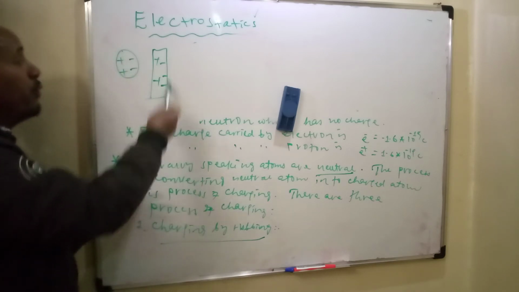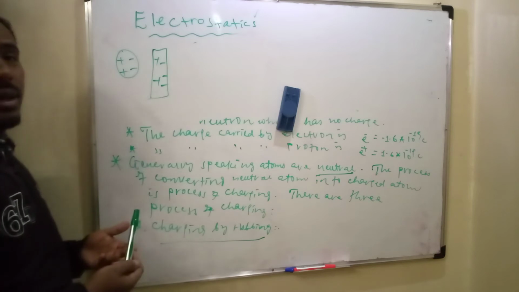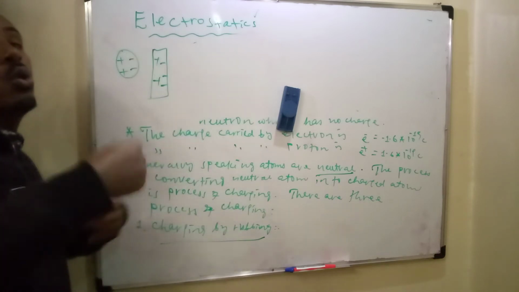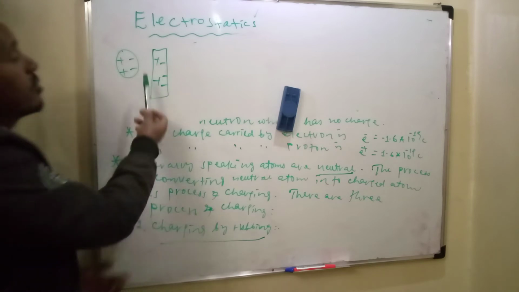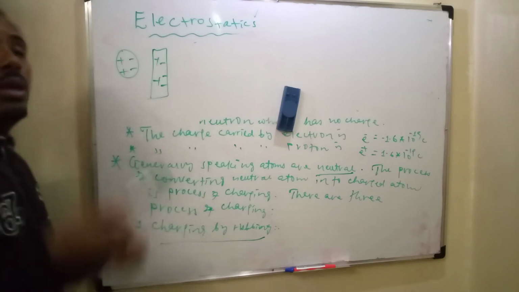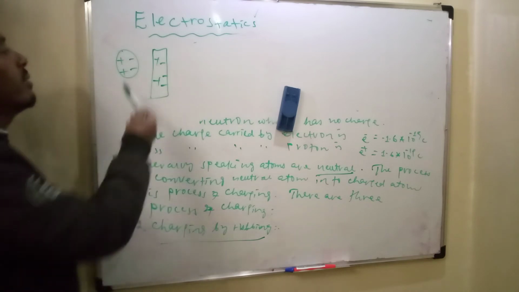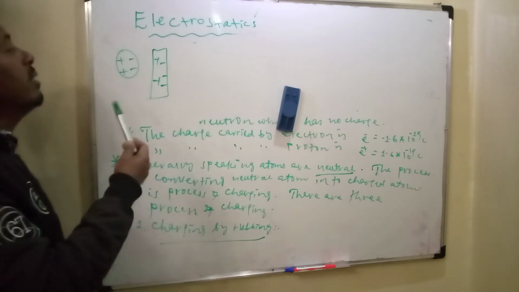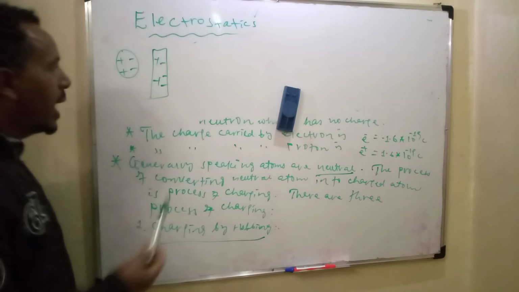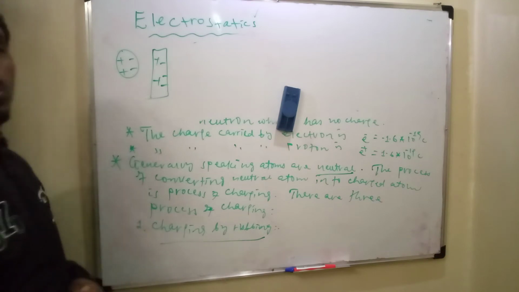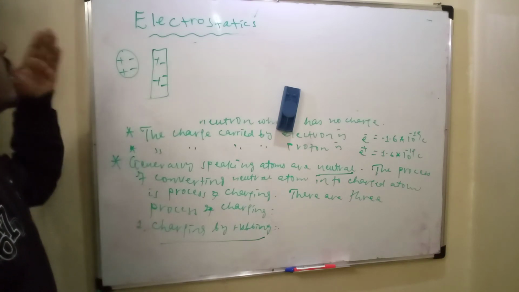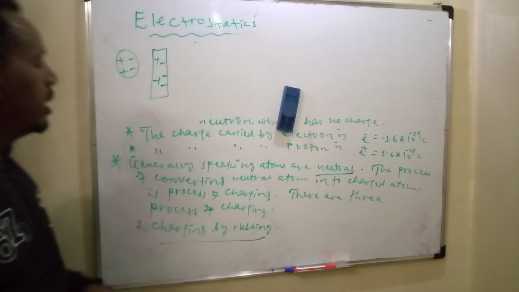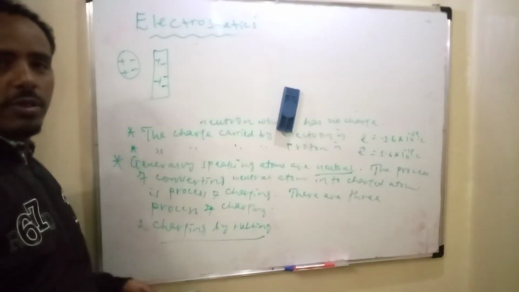Electrons may transfer from the rod to the sphere. The sphere gained electrons and the rod lost electrons. So the rod may be positively charged, whereas since the sphere gains electrons, it is negatively charged. This process of converting a neutral body into a charged body is the rubbing process.